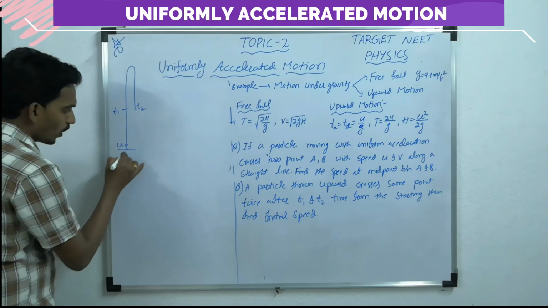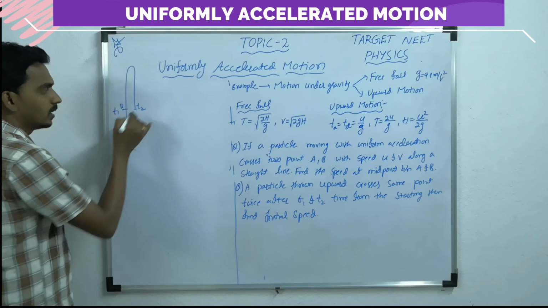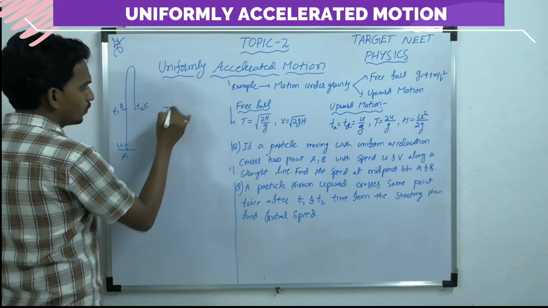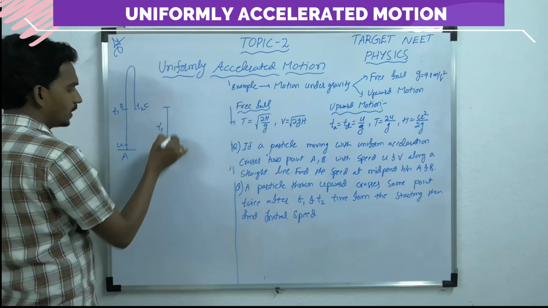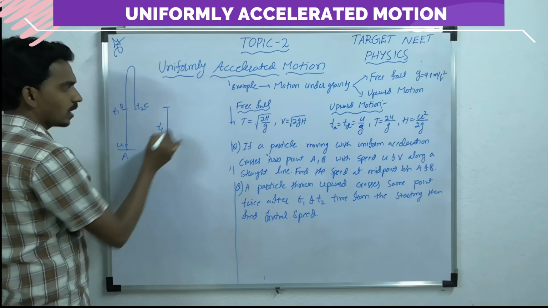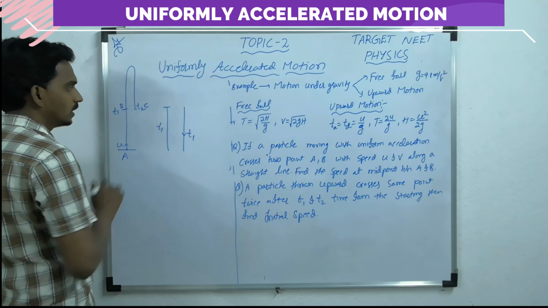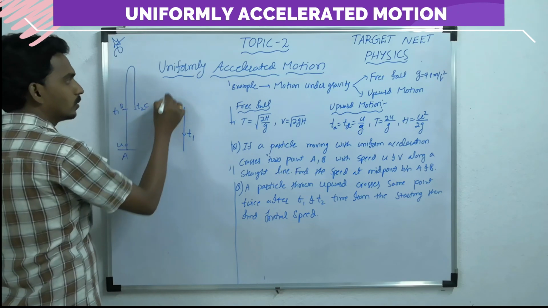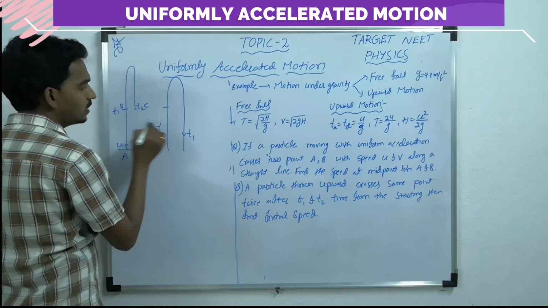Now this point I take as A, this point as B, this point as C. Now A to B time is t1. Then obviously B to A, or C to A, is also t1. Then A to C time is how much? t2.